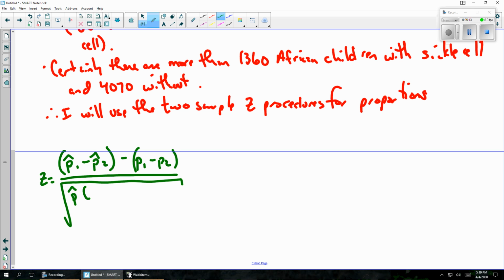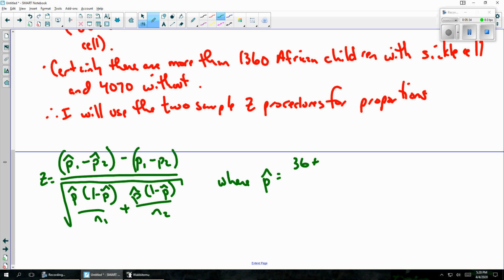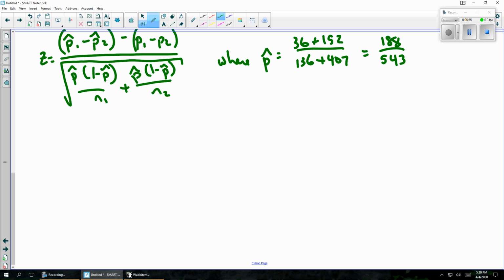So this is p hat times (1 minus p hat) over n1 plus p hat times (1 minus p hat) over n2, where p hat is the number of successes, which was 36 and 152, over the total number I'm looking at. So that's 188 over 543. Now, you're welcome to use decimals on here if you want, or you could use fractions. I think I'll go ahead and use fractions for when I write it, but it really doesn't matter.